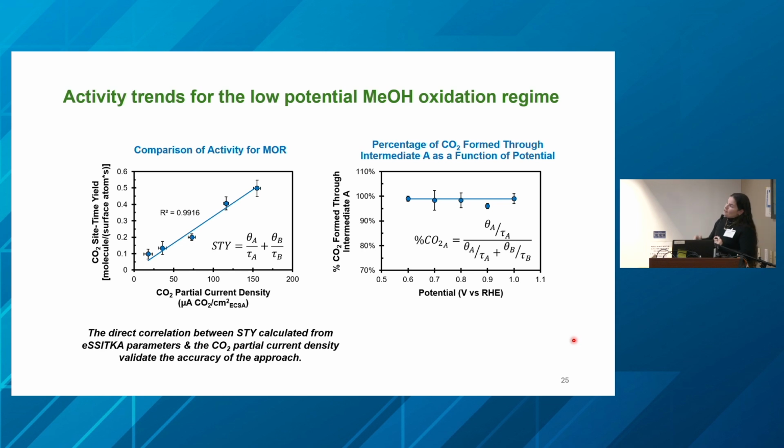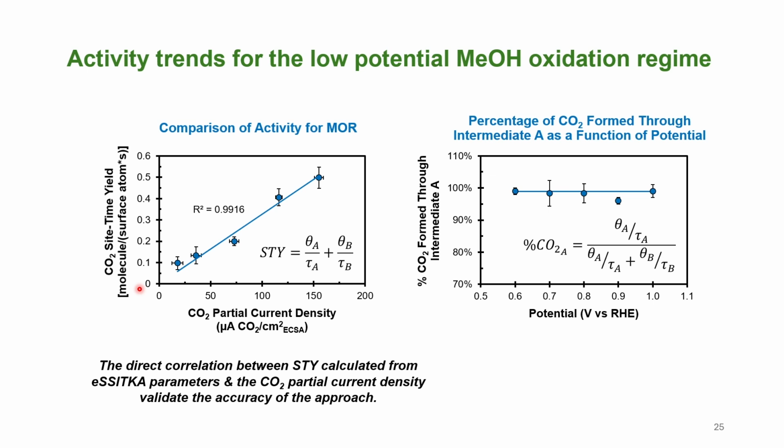So now that we have quantified our coverages and our lifetimes, we're able to obtain a CO2 site time yield, which is essentially a turnover frequency, but for a specific product. We were able to obtain a CO2 site time yield and plot that versus the CO2 partial current density.